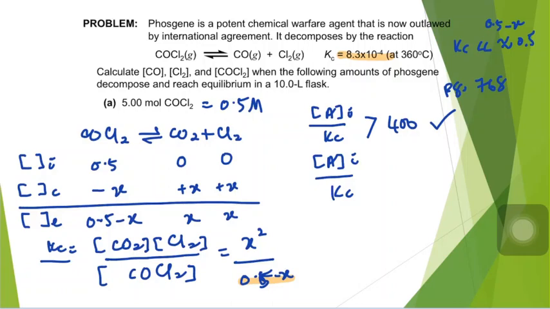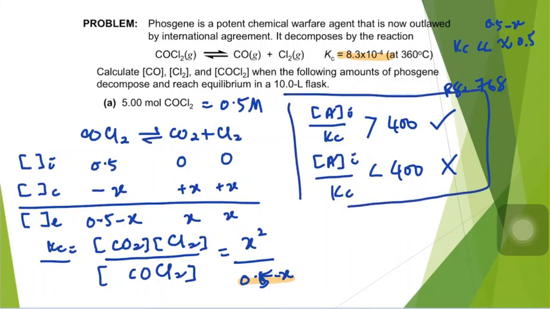However, if the initial concentration over Kc is less than 400, then we cannot make that assumption. We cannot neglect the value of x. So please remember this.